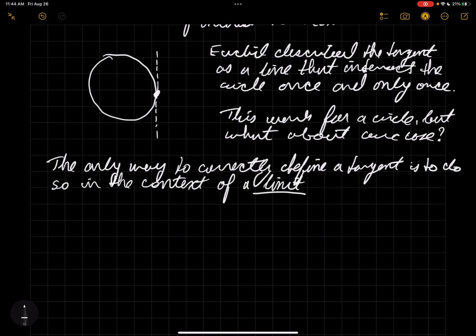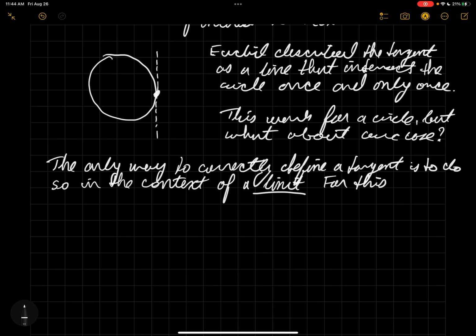Okay? So for this, and we'll talk about what a limit is here in just a moment, or at least you'll see in the example that we do what is meant by a limit. But we'll describe the limit in more detail in later lessons.